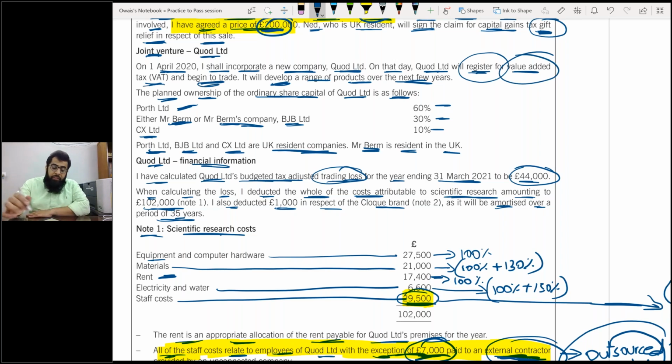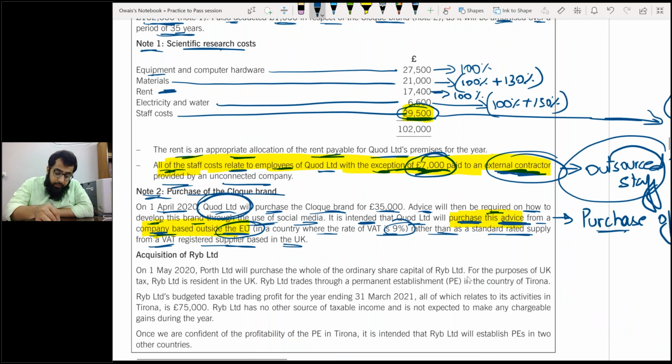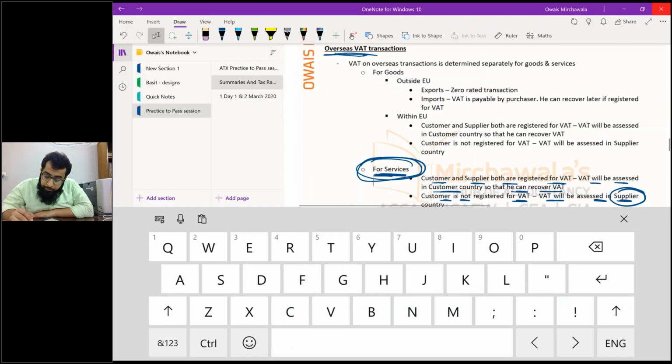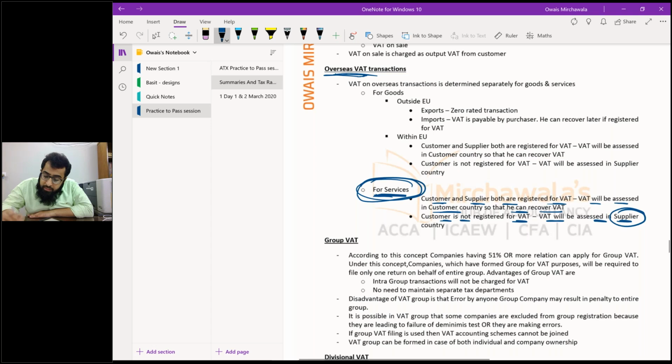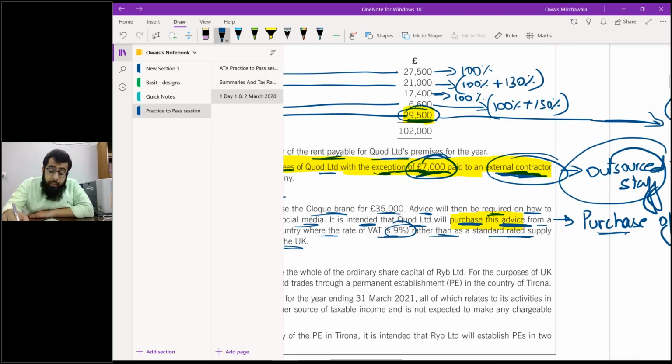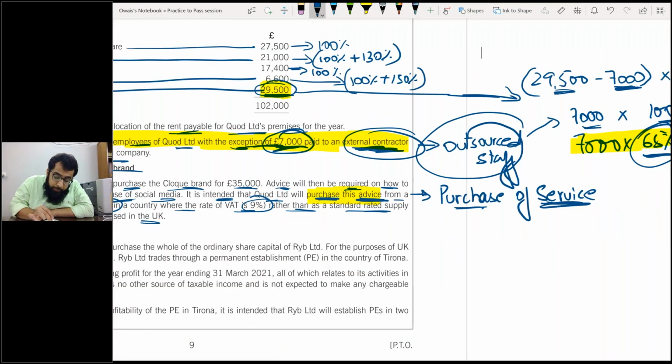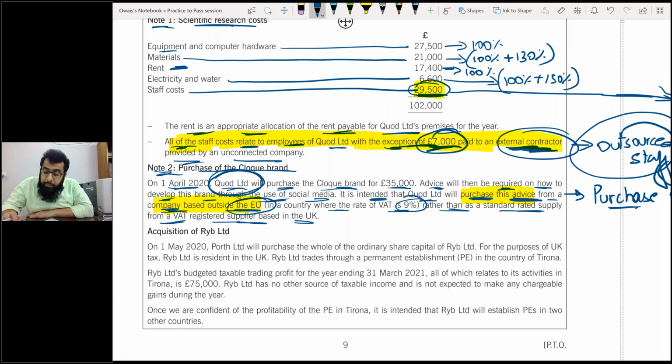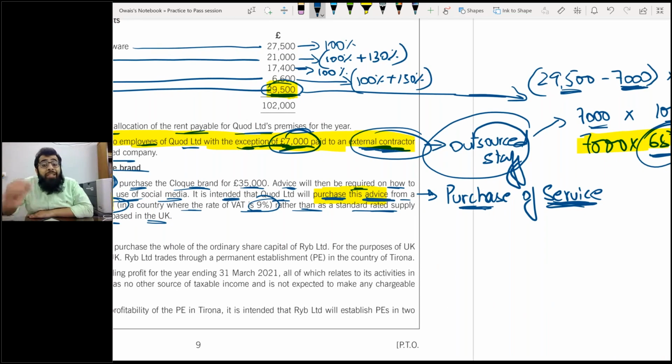Now see, if the customer is VAT registered, VAT will be assessed in the customer country so that he can recover the VAT which he pays. So, as Cord Limited is purchasing the service, this means Cord Limited is the customer.